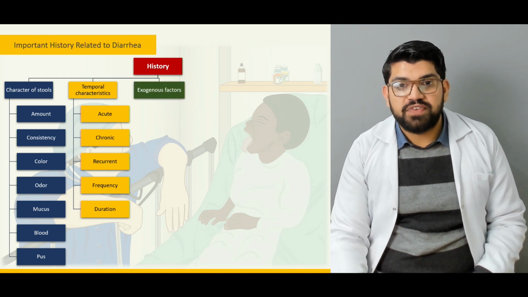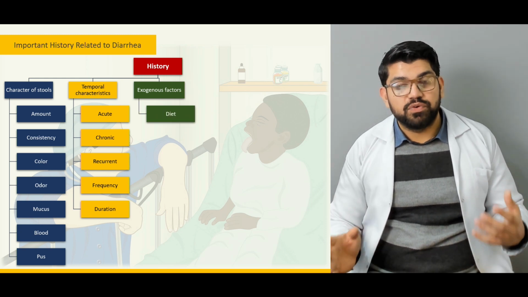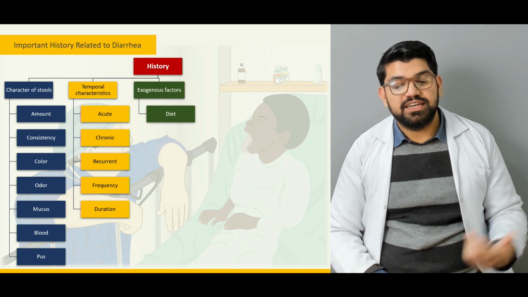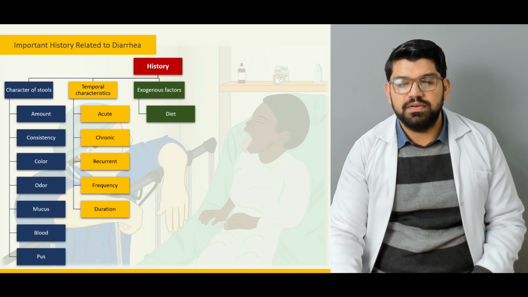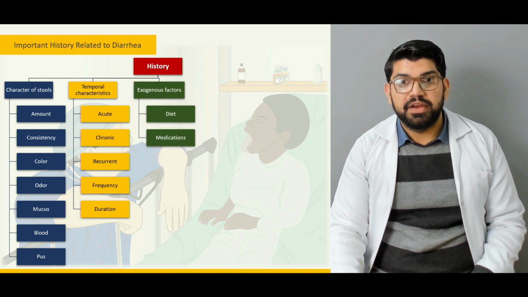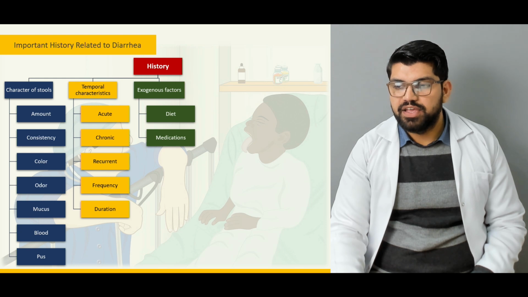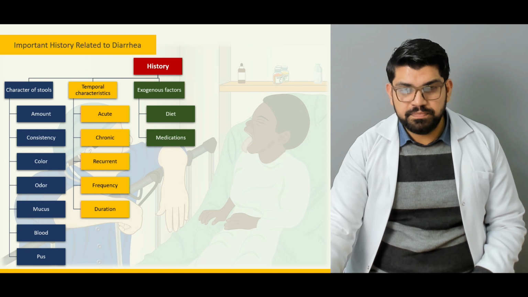What are the exogenous factors that can cause diarrhea? Diet: food from outside, reheated or recooked rice can cause toxins and can cause diarrhea. Medications: are there any new medications that the person is taking for any disease?